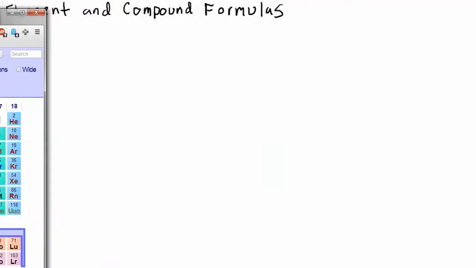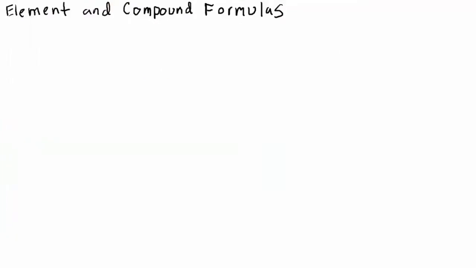So how do you tell then if something's an element or a compound by looking at its formula? It's really easy. If you see a formula and it only has one element's chemical symbol, so for example you see just C written, then that's one element's symbol. That's only one element. And so that means that that's an element.